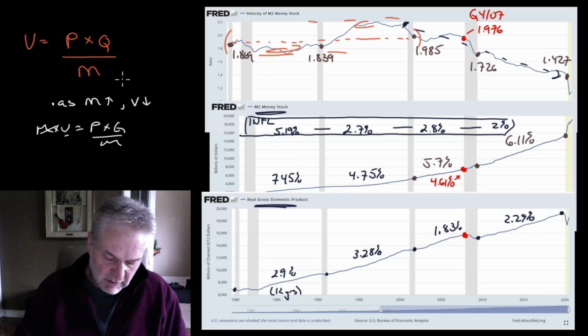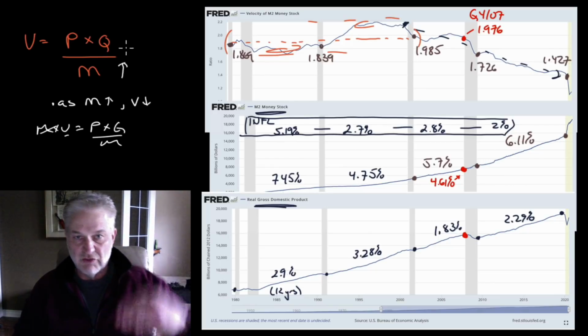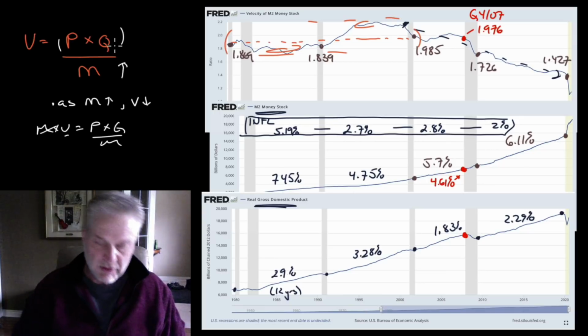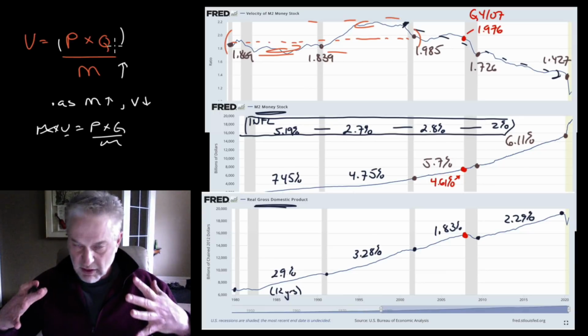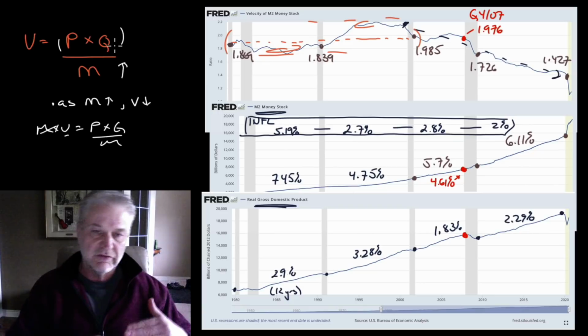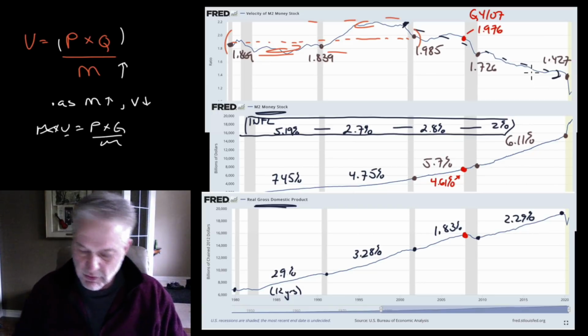If we have a denominator that's increasing, you can get velocity dropping. If P and Q remain unchanged, and you simply increase the money supply, velocity will drop. Well, that's what's going on over here.